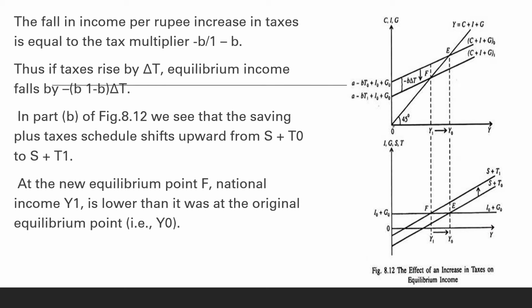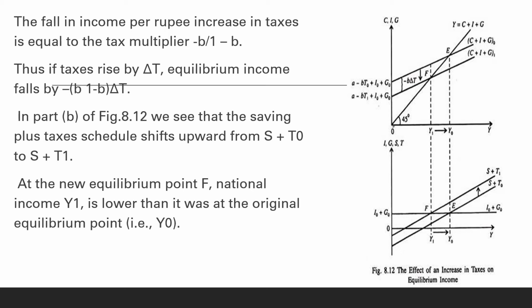The fall in income per rupee increase in taxes is equal to the tax multiplier, minus b divided by 1 minus b. Thus, if taxes rise by delta T, equilibrium income falls by minus b by 1 minus b into delta T. In the second panel, figure B, the downward part in figure 8.12, we can see the saving plus taxes schedule shifting upward from S plus T0 to S plus T1.